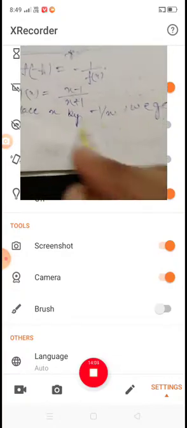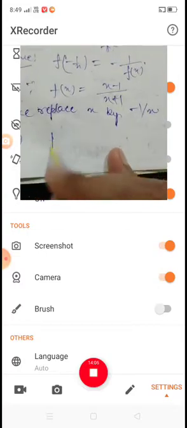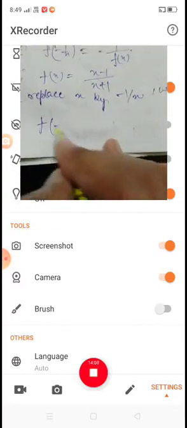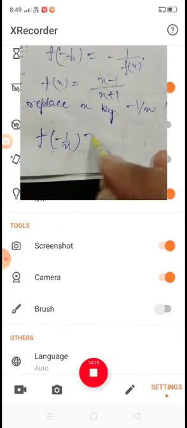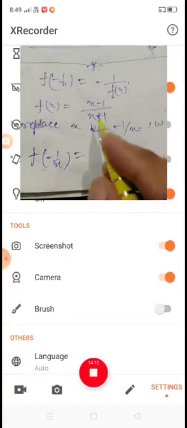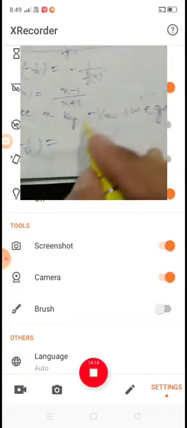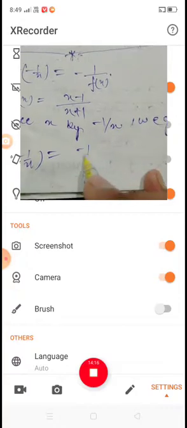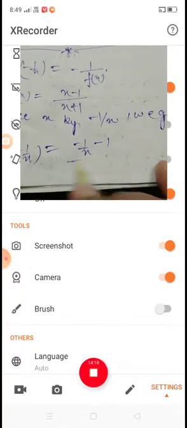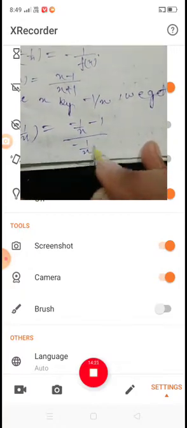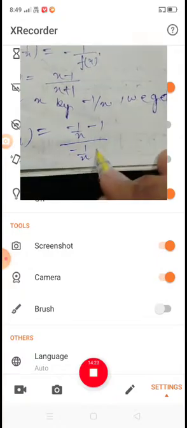We get f of minus 1 by x is equal to, we replace x by minus 1 upon x, so we get minus 1 upon x minus 1, upon minus 1 by x plus 1.